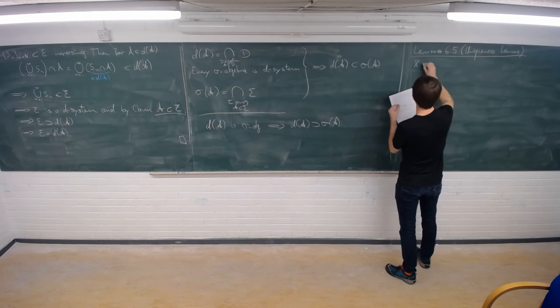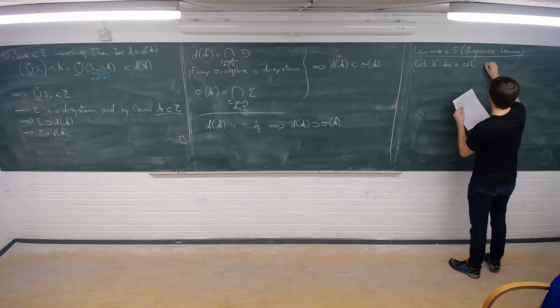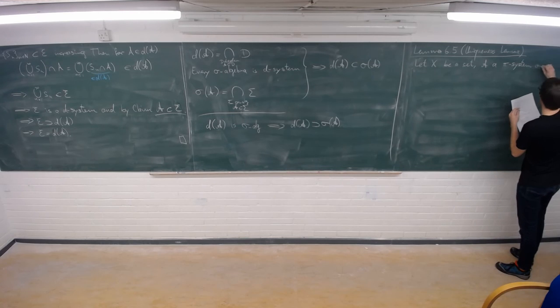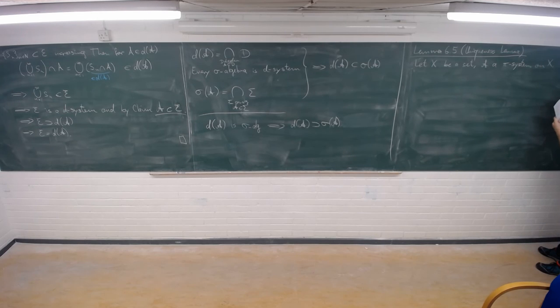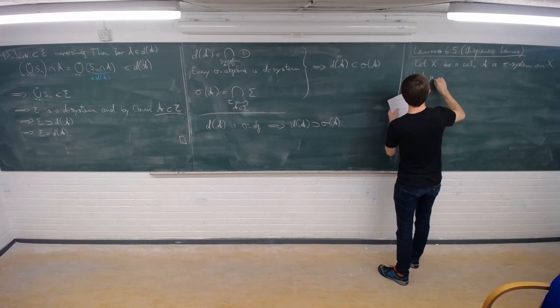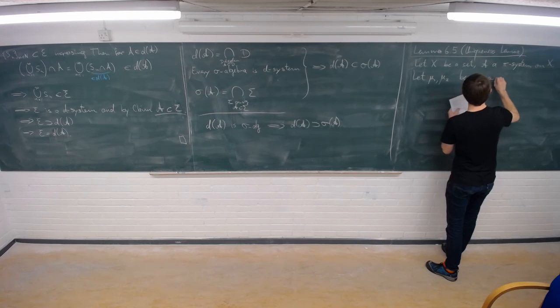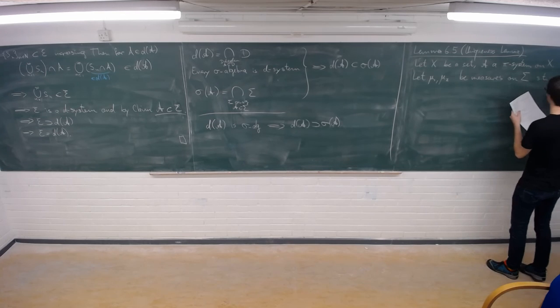And the statement is this: let X be a set and A be a pi system on X, and let sigma be the sigma algebra generated by A. Then let mu1, mu2 be measures on sigma such that the following holds.